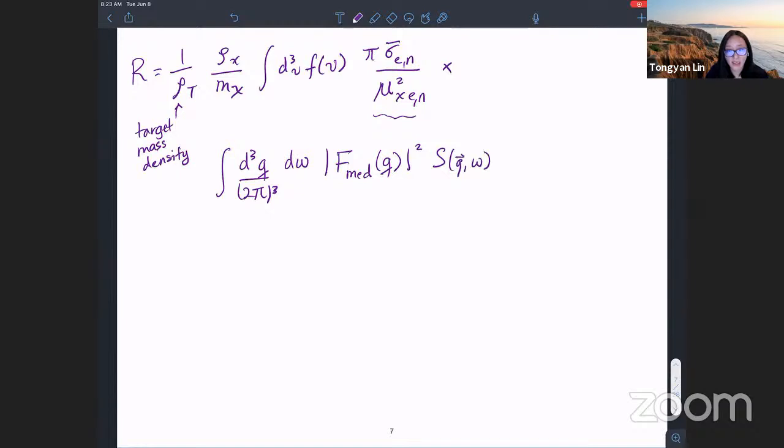And that's the dynamic structure factor that I just introduced, which is like the form factor for the material. And this is just energy conservation, saying that dark matter deposits energy omega. Okay, so that's going to be the same as that relationship between omega and q that I introduced last time.